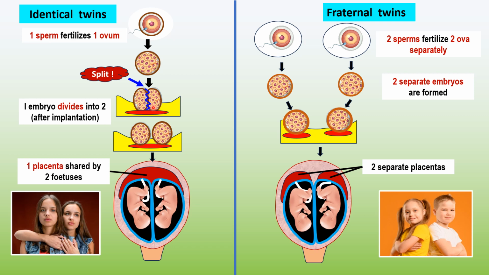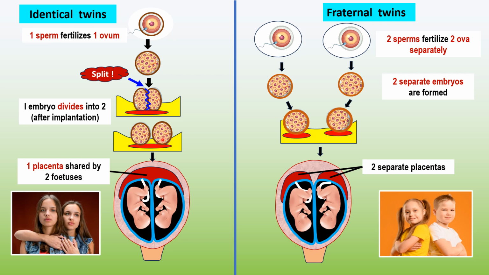But then an event occurs that is more rare, and that's the splitting of the embryo to form two embryos that are genetically alike, right? So if this embryo implants first and then splits or divides, then the resulting two embryos will have the same placenta, and they will develop from the same placenta.